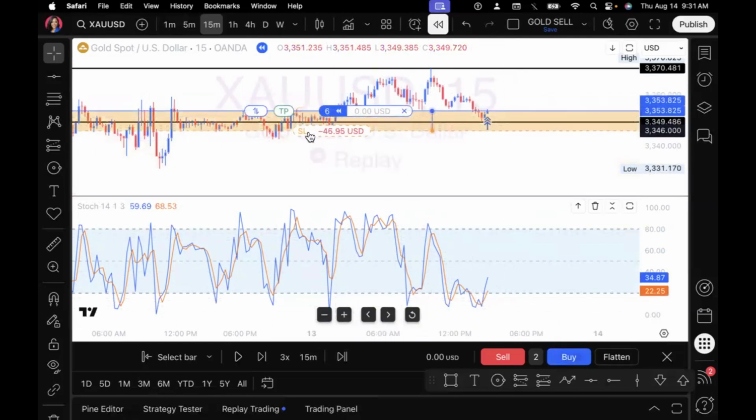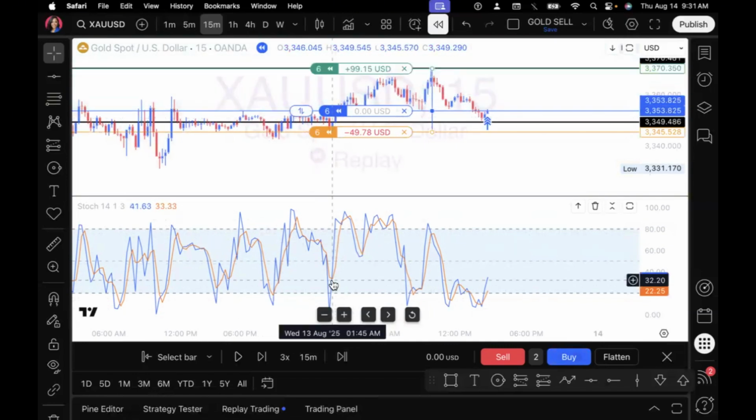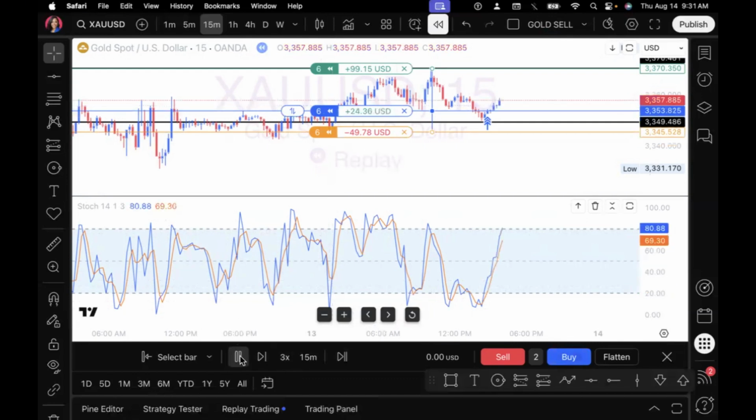I'm going to put my stop loss below the previous low. I'm going to set my TP at the next high. And I want you guys to actually watch what happens to the stochastic. Because we have our setup and our entry signals and confirmations for the buy, the stochastic is also going to give us our exit signals as well. So we can see that the market is actually pushing up and it's continuing to go up, right?